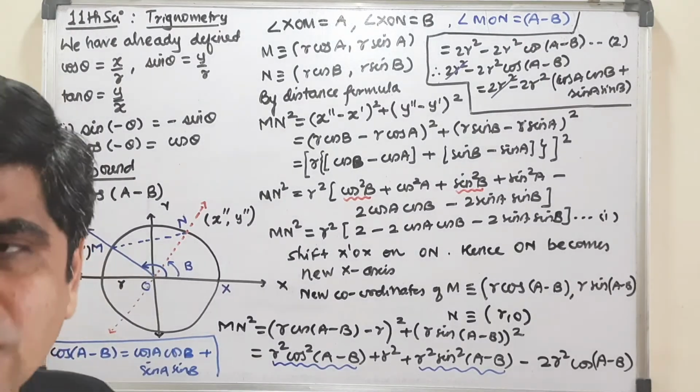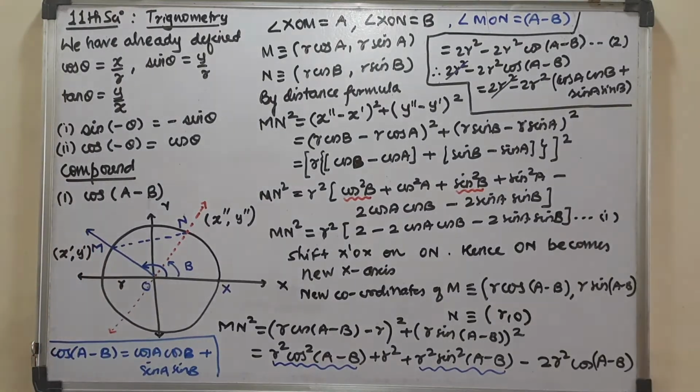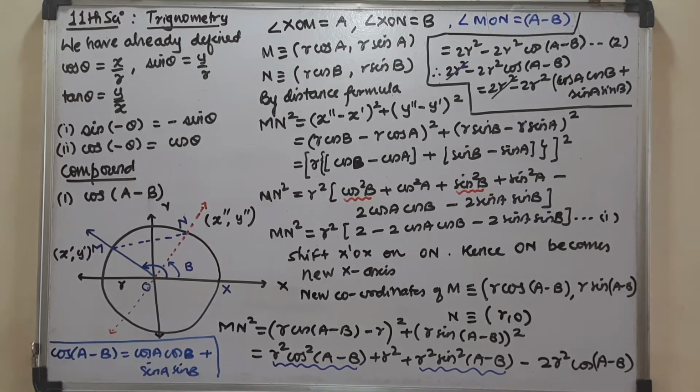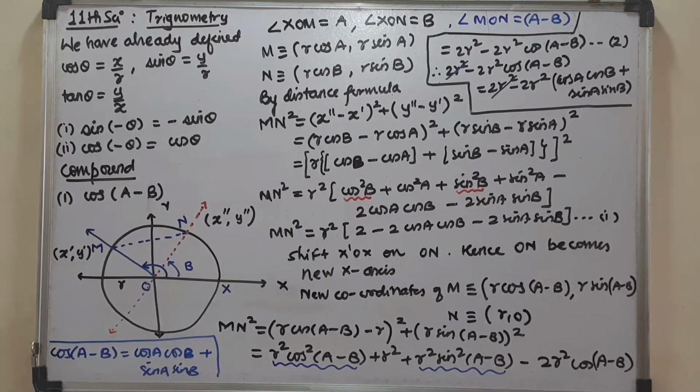Wherever I make a box, it indicates that this formula is to be written separately and immediately memorized. So cos a minus b is equal to cos a cos b plus sin a sin b. Though the proof is not very important, it is also good to know how it comes. Let us go to the useful proofs using this only.